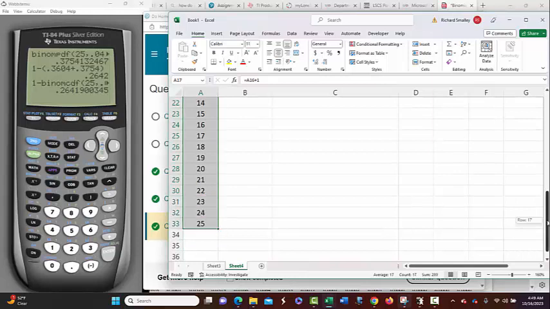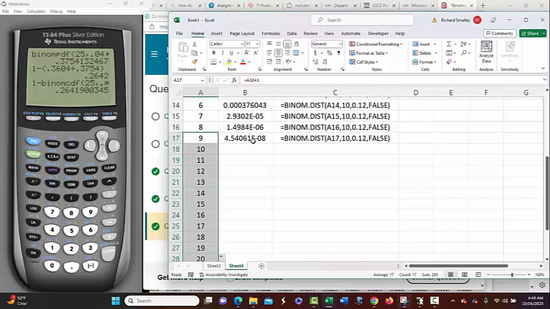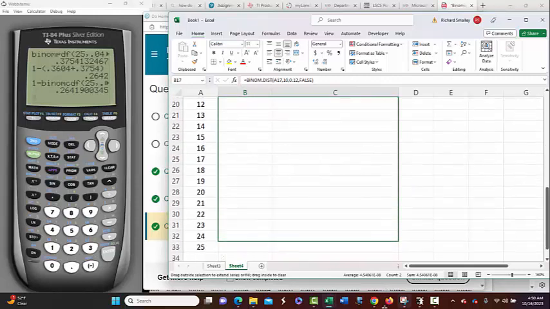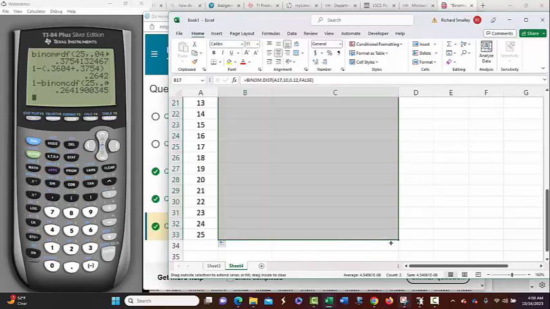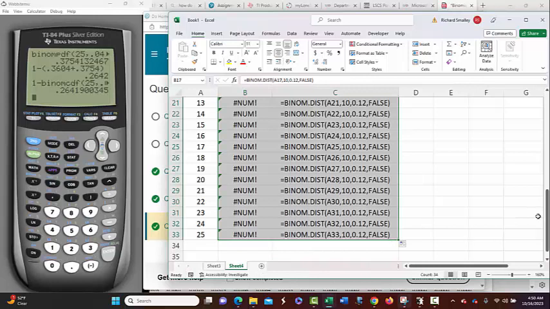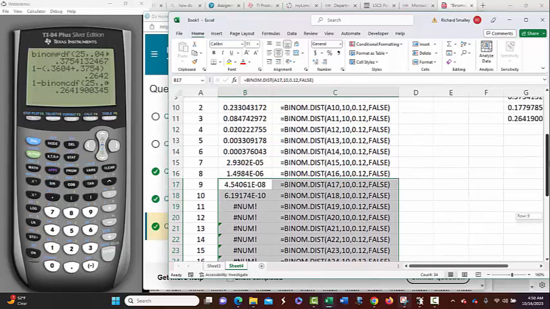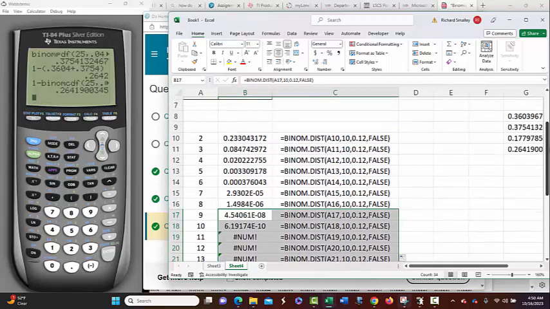So I got to copy the other things down. Oh, okay. I got to change the formula right here first of all.